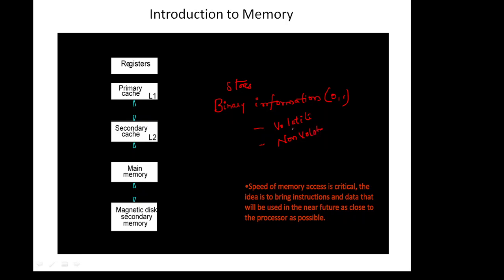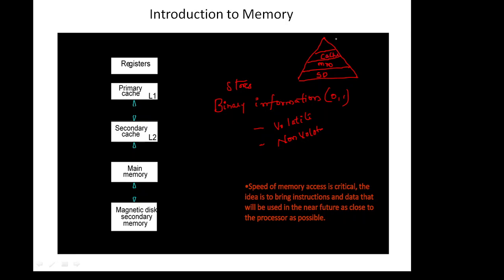When we talk about memory, you will have a hierarchy like this. In this hierarchy, the bottom line is the secondary storage devices, and above the bottom line is the main memory. Above the main memory we have the cache memory.